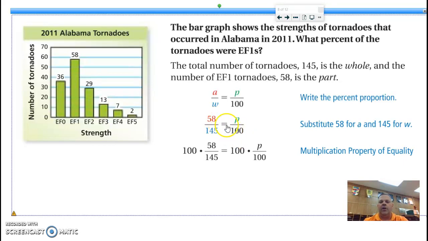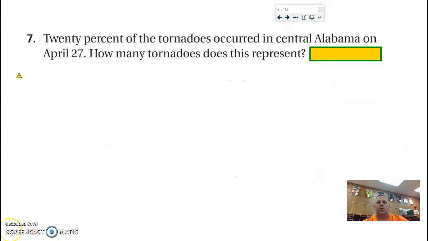We will get 5,800. We will divide by 145, and our answer is 40. 40% of the tornadoes in Alabama were EF1s.